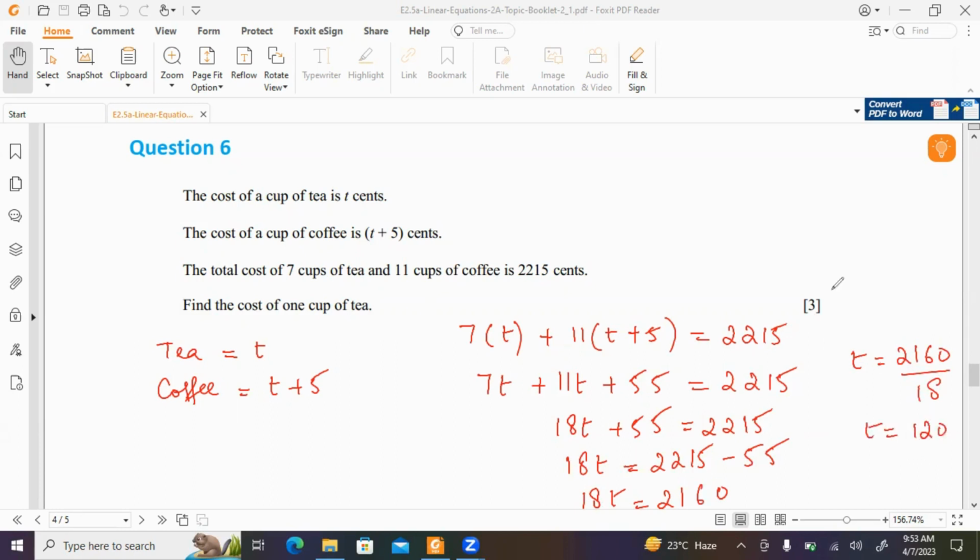So this 120 is the cost of 1 cup of tea, and that is our answer, 120 cents.